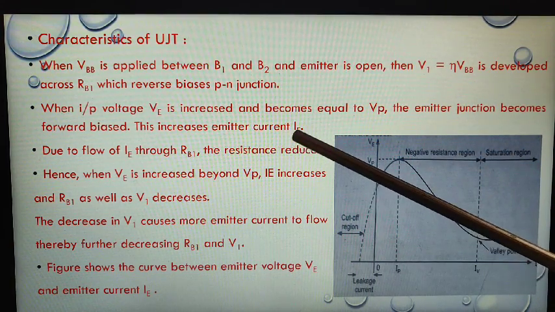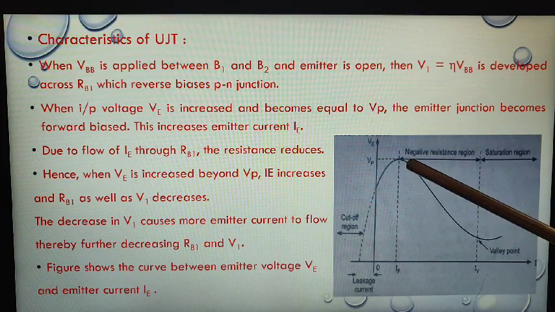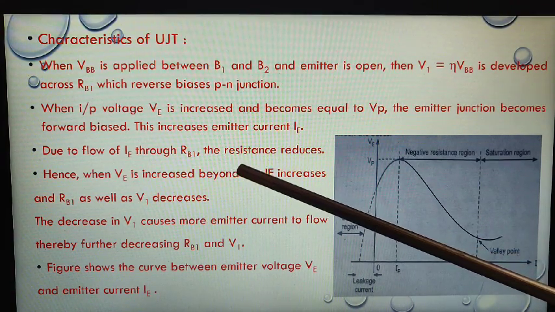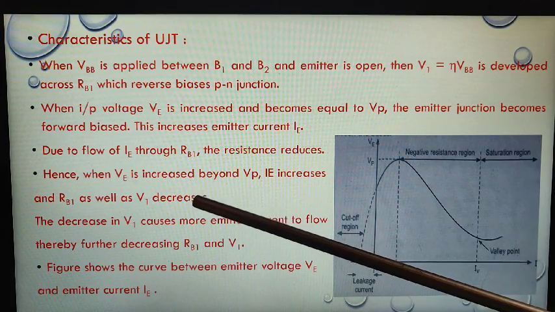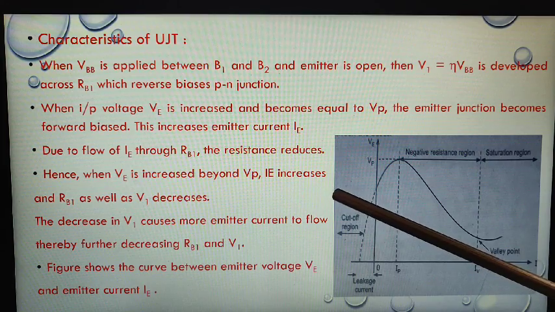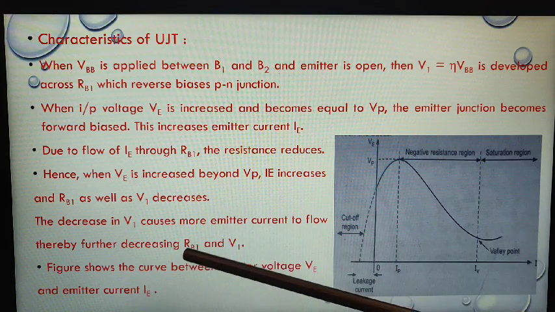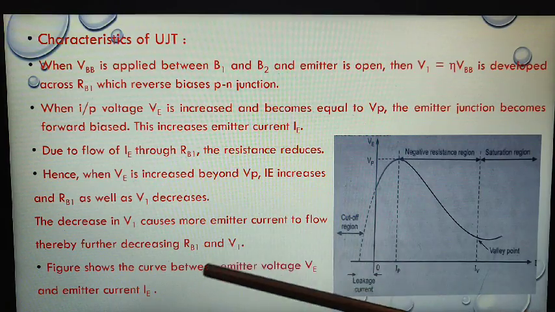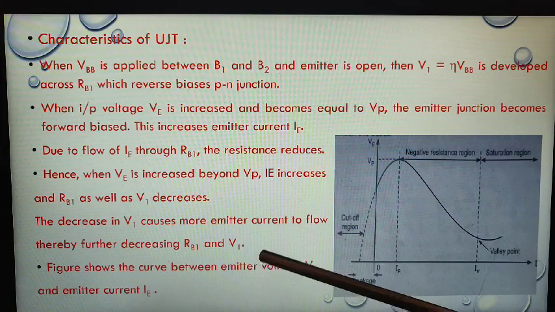This increases emitter current IE. Due to flow of IE through RB1, the resistance reduces. Hence, when VE is increased beyond Vp, IE increases and RB1 as well as V1 decreases. The decrease in V1 causes more emitter current to flow, thereby further decreasing RB1 and V1.